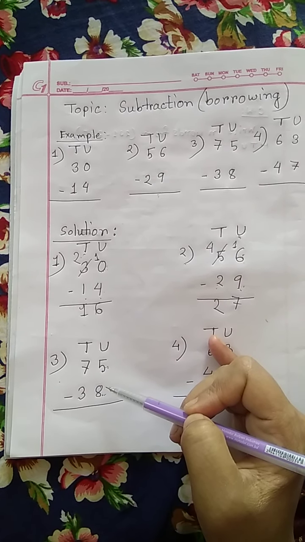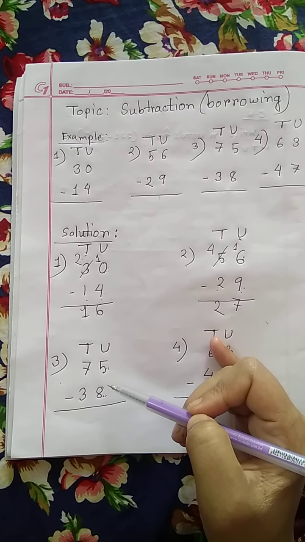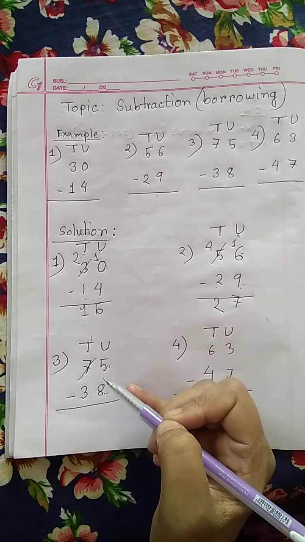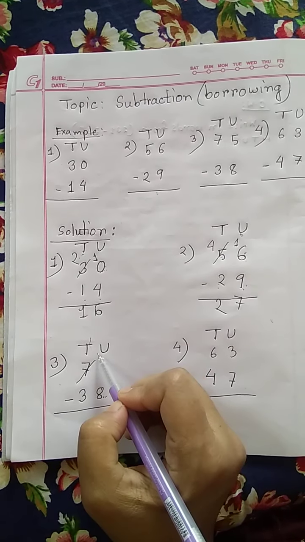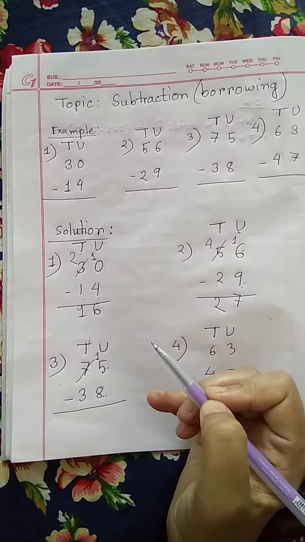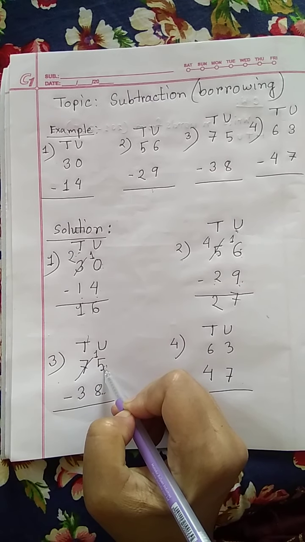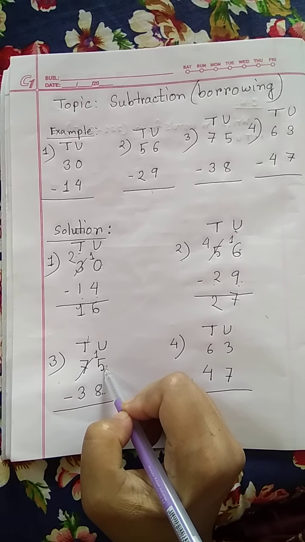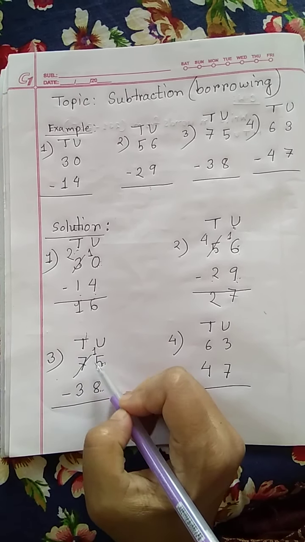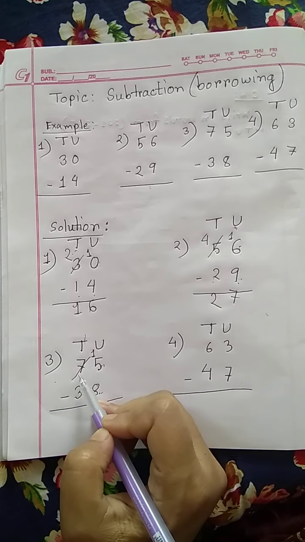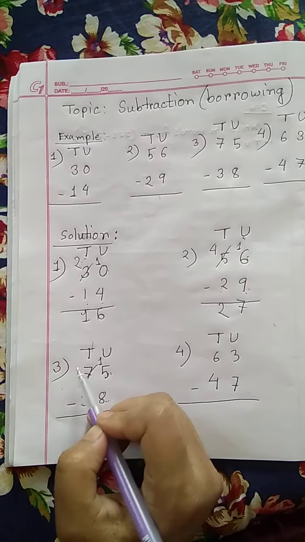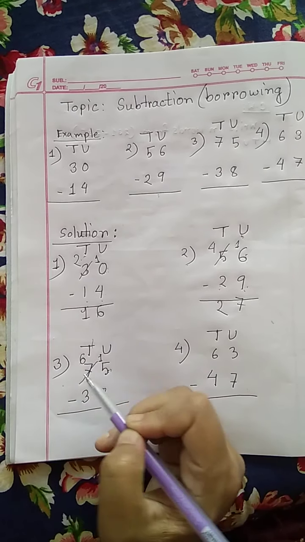Now, what can I do? I have to borrow 1 from 7 in the tens place. That's why I have cut it, and borrowing 1 and placing it over here. 1 and 5, 15. Here is 1 and 5. We have to imagine this like 15. Right? As I have taken 1 already from 7, here will be 6.